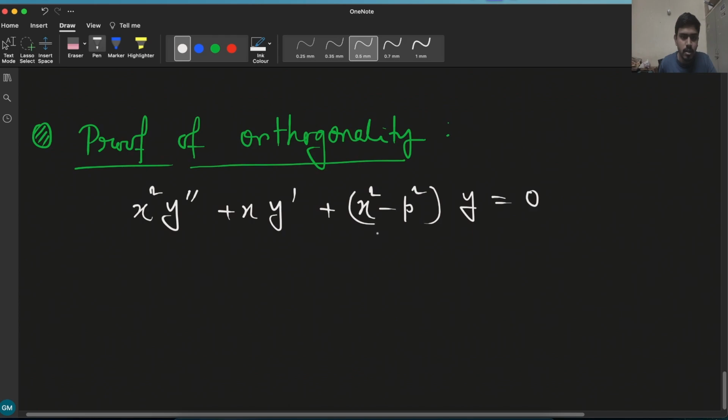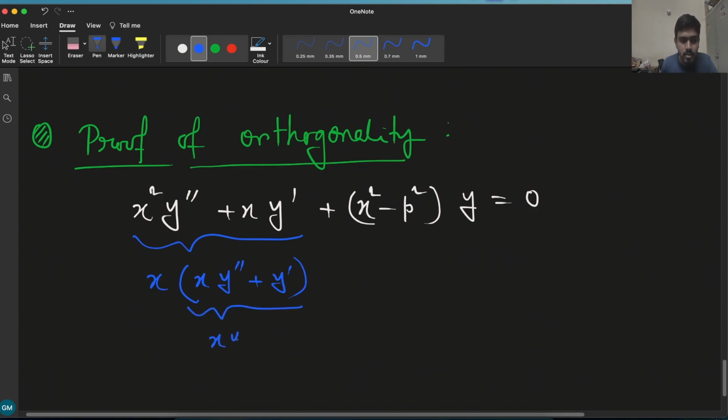Now this Bessel differential equation can also be written as, if I take x common, x y double dash plus y dash, and this term can be written as (x y dash) whole dashed. So it means d/dx of (x y dash). If I take x intact and differentiate y dashed with respect to x, it will be x y double dashed.